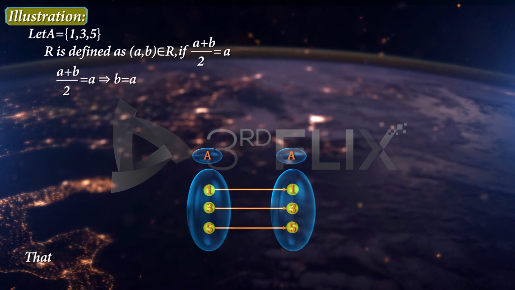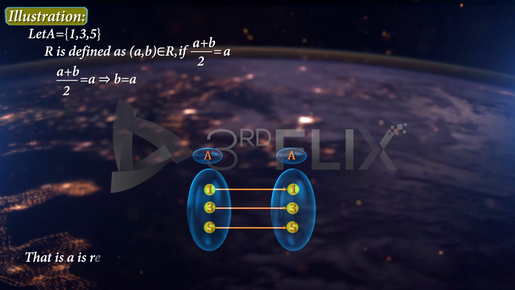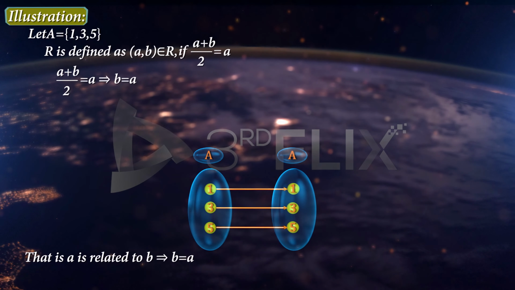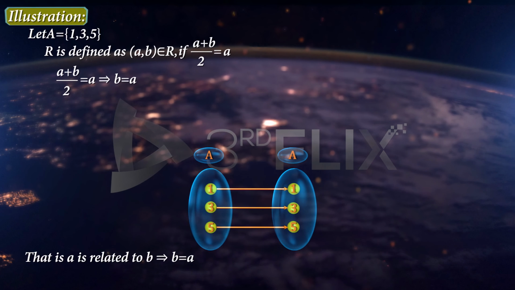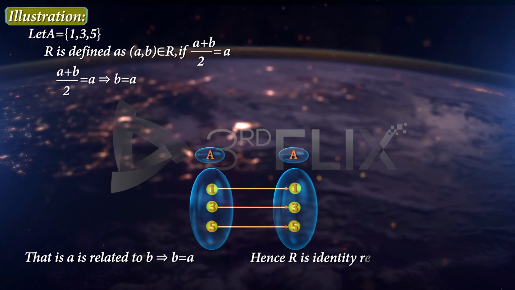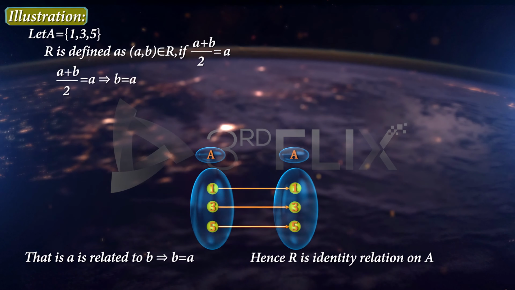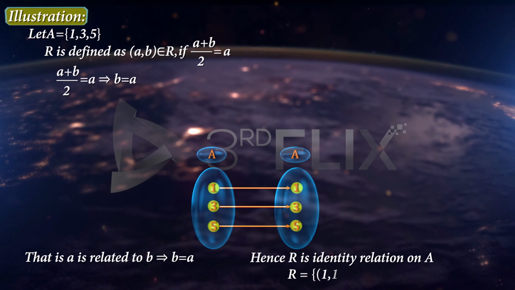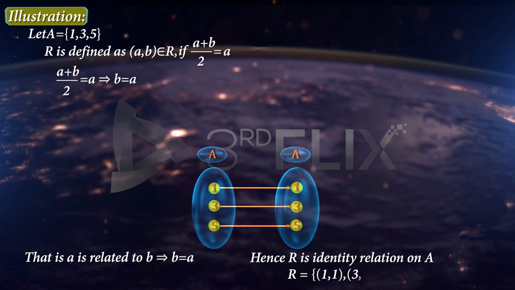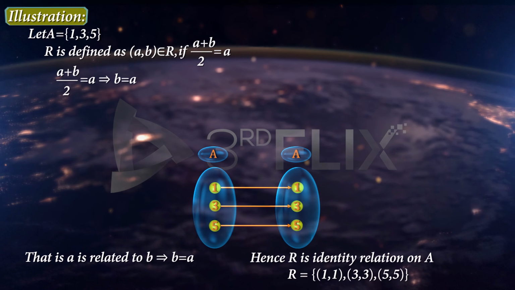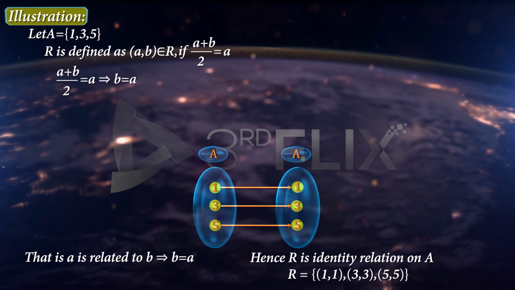That is, a related to b implies b equals a, which implies a is related to itself. Hence, R is the identity relation on A. Therefore, R equals the set of ordered pairs (1, 1), (3, 3), (5, 5), which is I_A.